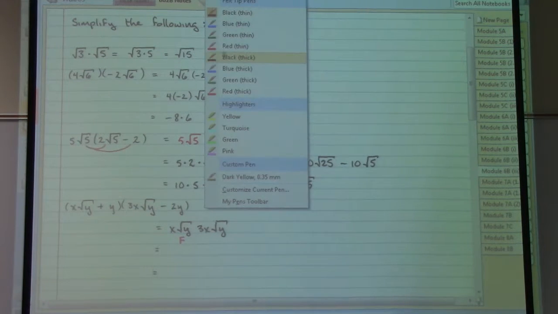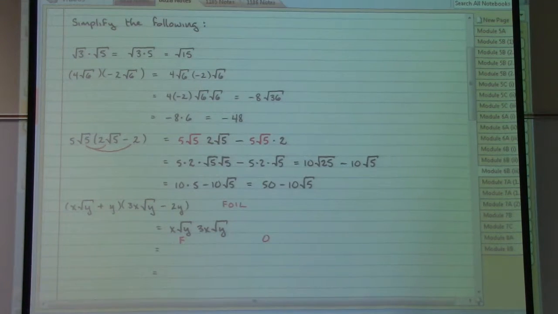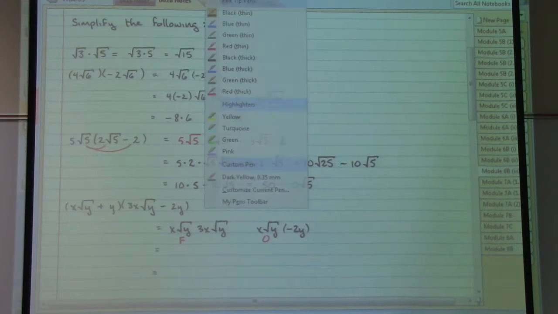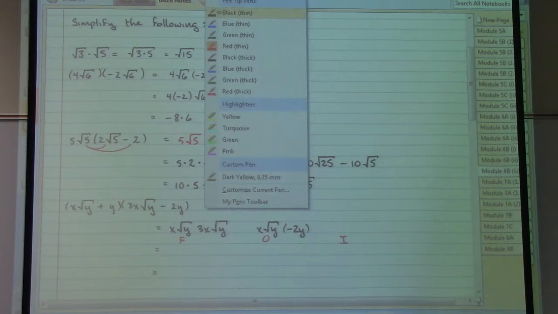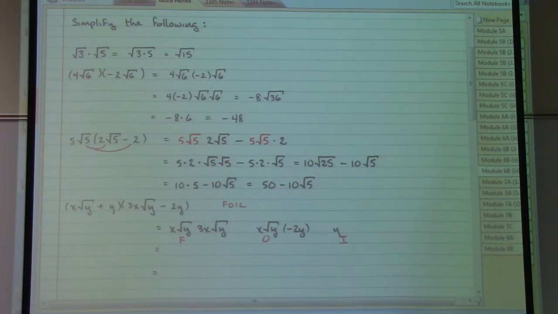Our O, meaning that we would have our x square root of y times our negative 2y. I, where we would have our y times our 3x square root of y.